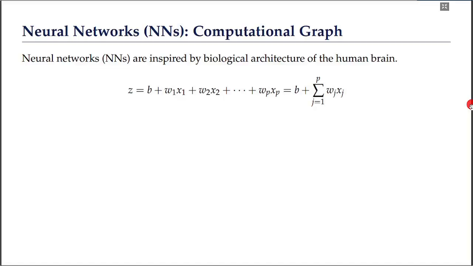Now, neural network models are actually inspired by the biological architecture of the human brain, which consists of a series of interconnected nodes, and information flows from one node to the other. With this in mind, let's consider the systematic component of any generalized linear model, which is the linear predictor, or linear combination of the covariates.